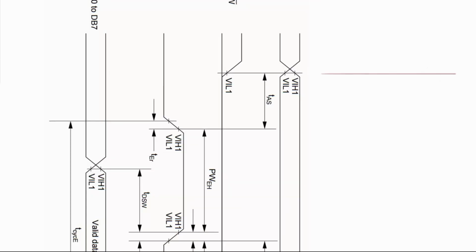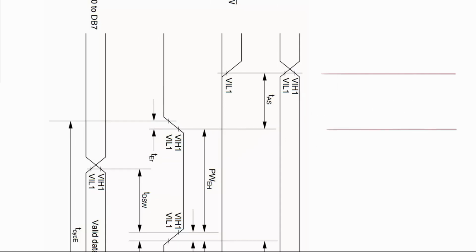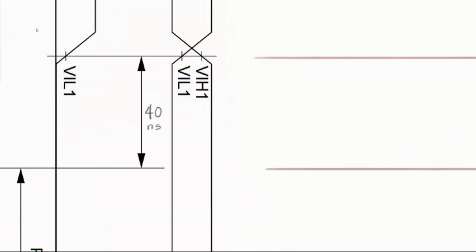The read-write must be either in the idle state, which is low, or it must have gone from the high state to the idle state. The register select must have gone from low to high or from high to low before the enable goes high from its normal state of low. So I'm going to put in a sort of dimension between here. And the TAS must be a minimum of 40 nanoseconds. So this is 40 nanoseconds.